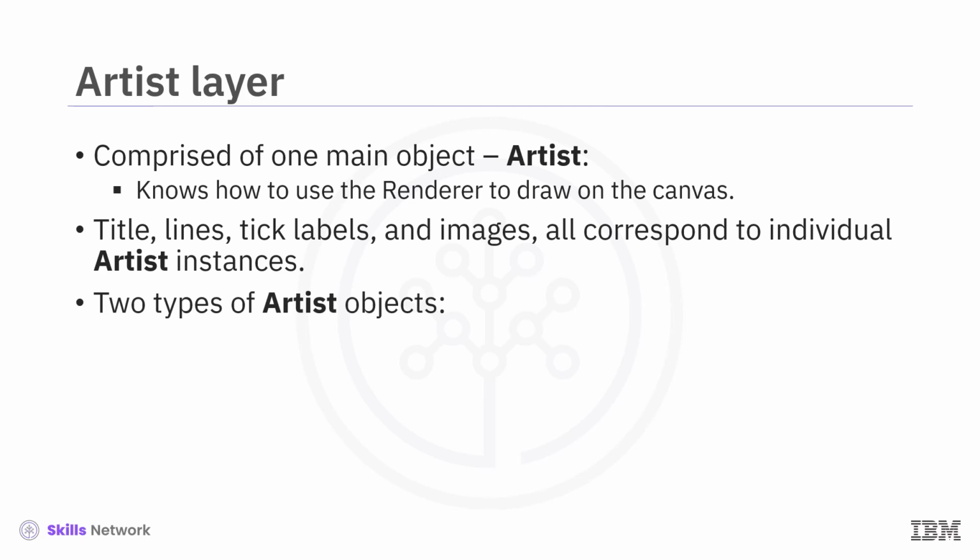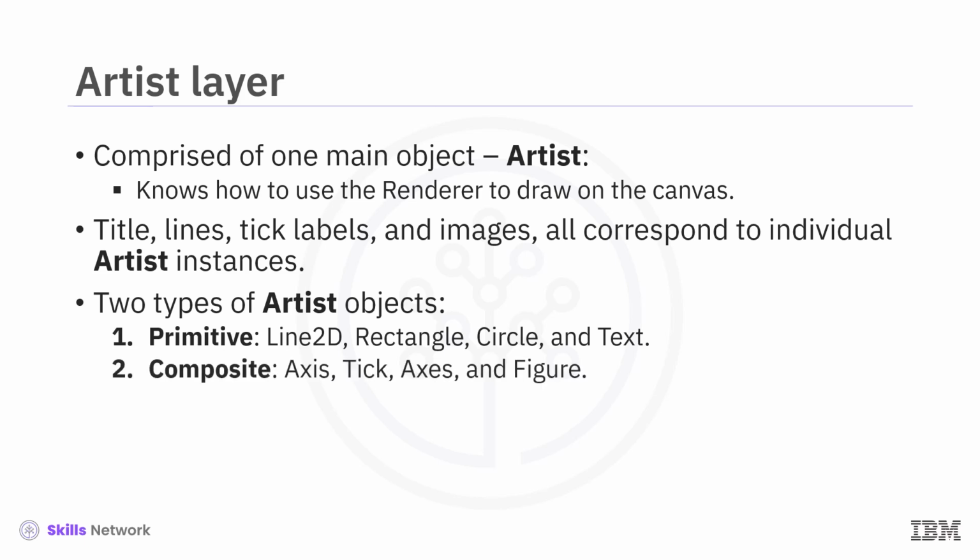There are two types of artist objects: primitive, such as Line2D, rectangle, circle, and text; and composite, such as axis, tick, axes, and figure. The top-level Matplotlib object that contains and manages all the elements in each graphic is the figure artist. The most important composite artist is the axes because it's where most of the Matplotlib API plotting methods are defined, including methods to create and manipulate the ticks, the axis lines, the grid, and the plot background.